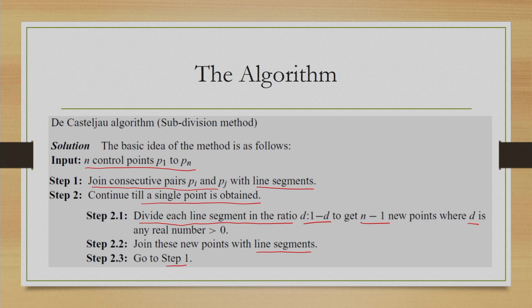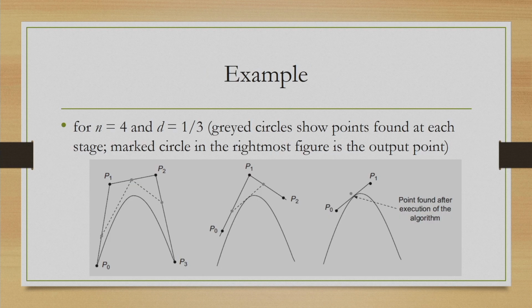How does it work? Let us see one example. Suppose here n equals 4 and we have decided on t to be 1/3. So, P0, P1, P2, P3 are the initial points. Then at 1/3 of the pair, say P0 and P1, we take one point. Similarly, at 1/3 of the pair P1, P2, we take another point, then another point, and then P0 has been modified to refer to this.